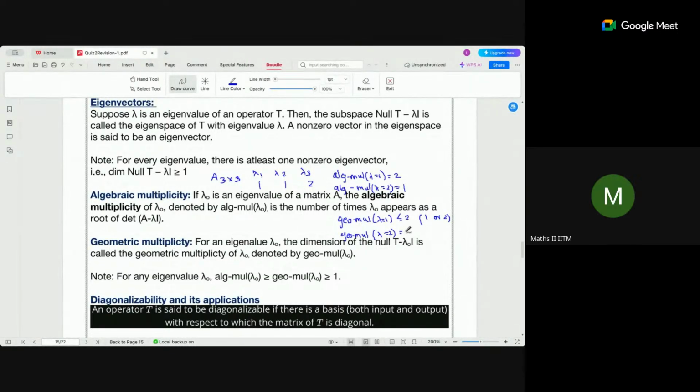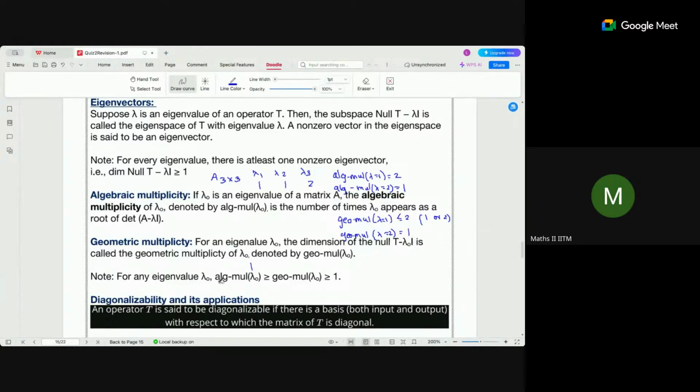It is 1, because geometric multiplicity is always greater than or equal to 1, and always less than or equal to algebraic multiplicity. So here 1 and 1, it should be 1. Whenever the algebraic multiplicity is 1, automatically the geometric multiplicity also becomes 1.